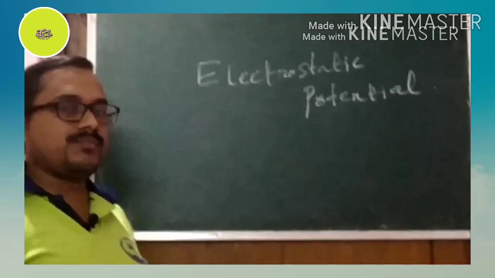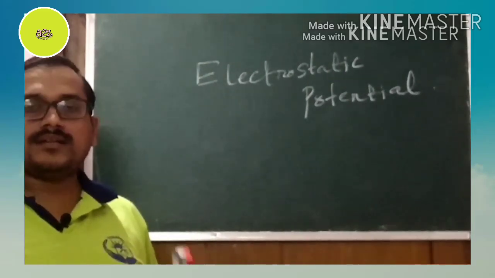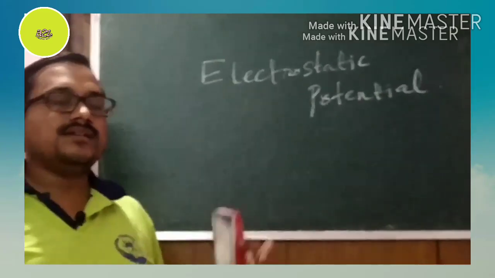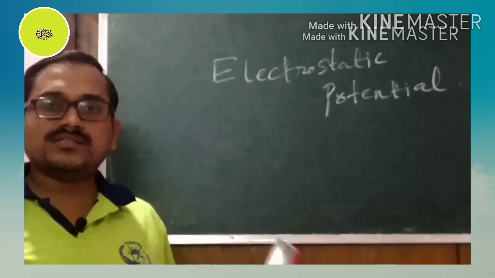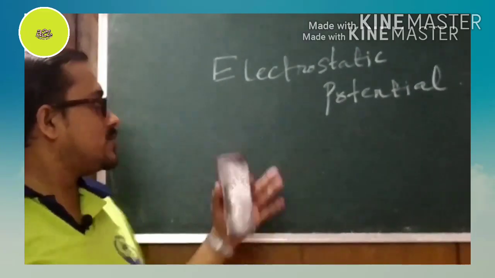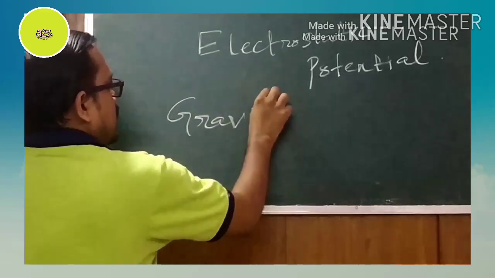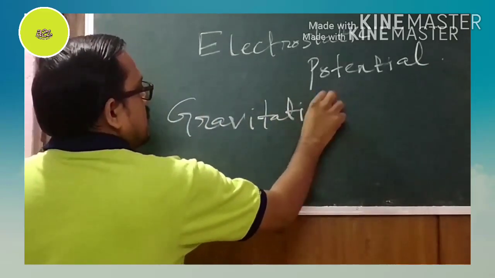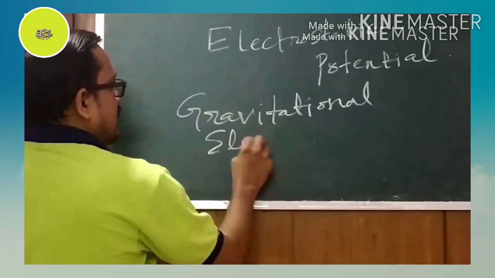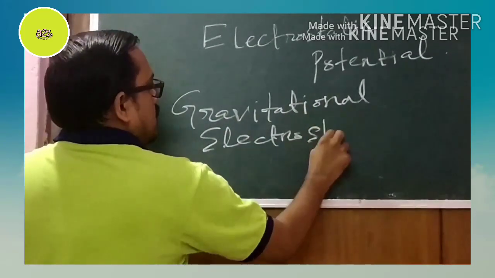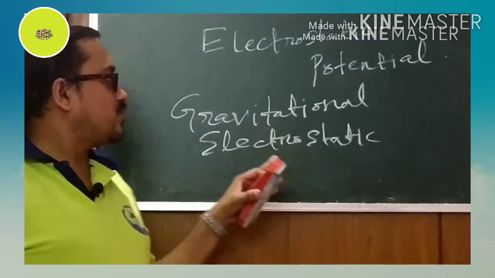In this type of situation, the total energy, that is the kinetic energy plus the potential energy, is constant. This is called the principle of conservation. Just like the gravitational force, the electrostatic force is a conservative force.